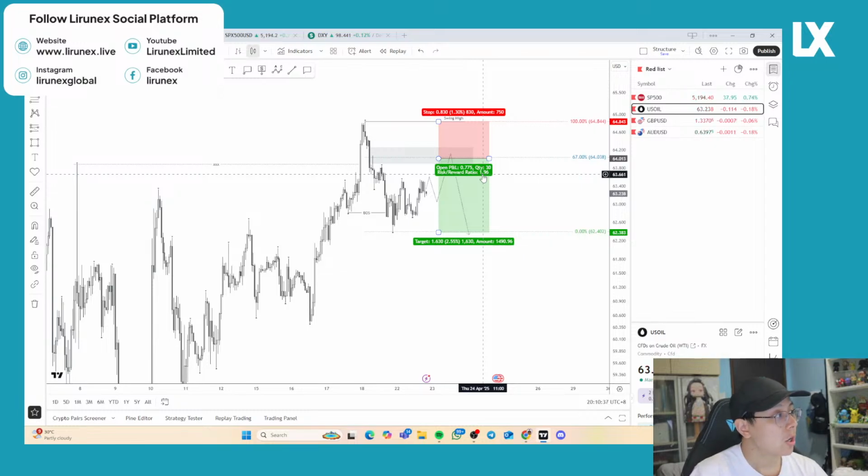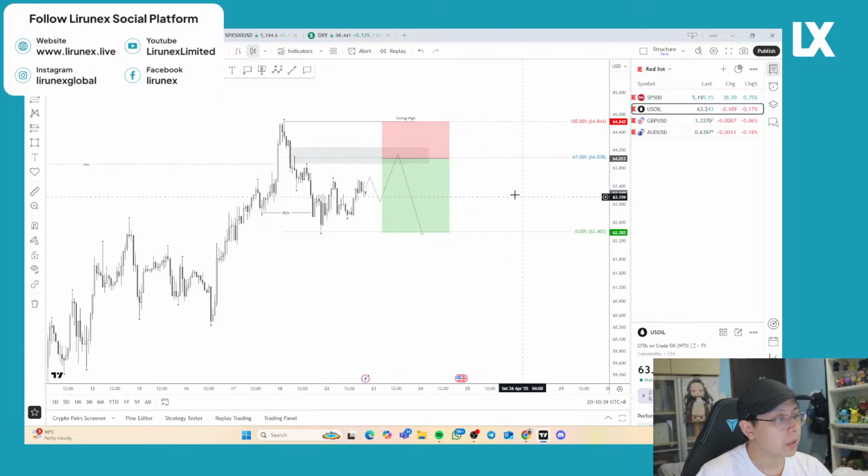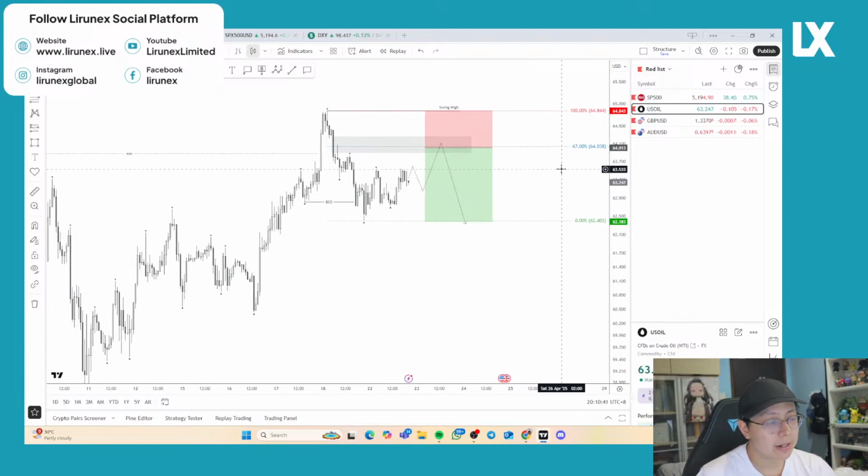So crude oil over here, we're looking at this trade opportunity. Our entry point is around 64, our stop loss is at 64.85, and our take profit is around 62.40. Now, can you go for further targets?